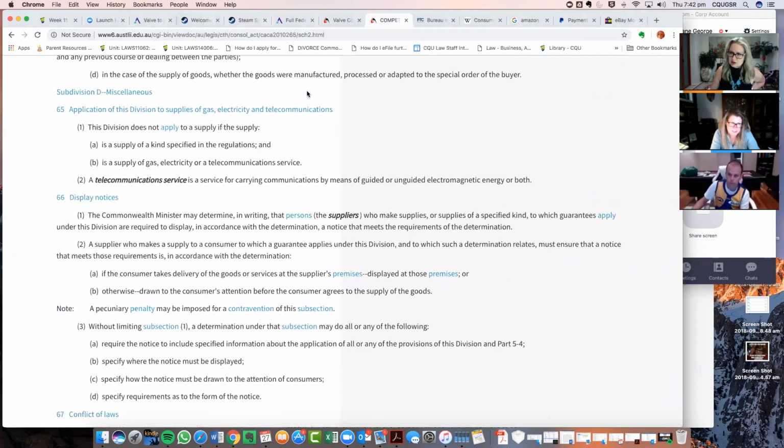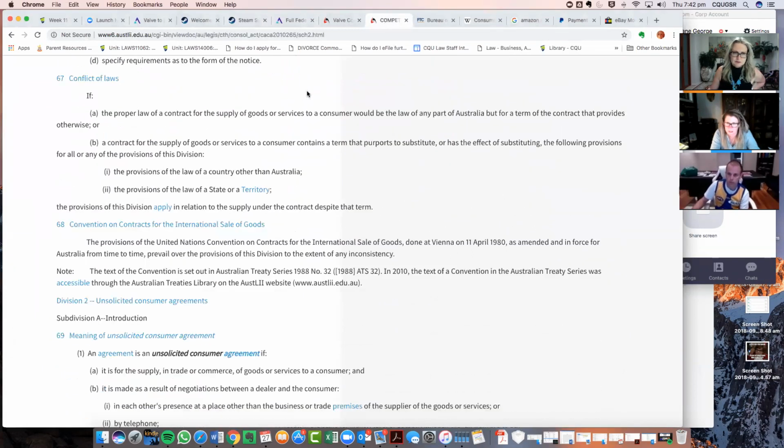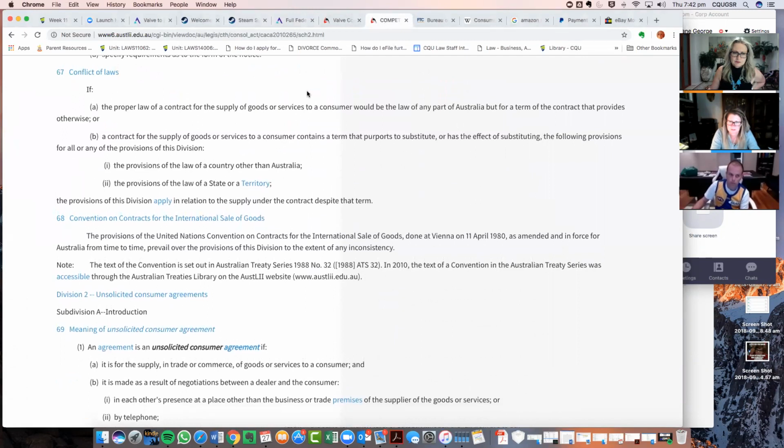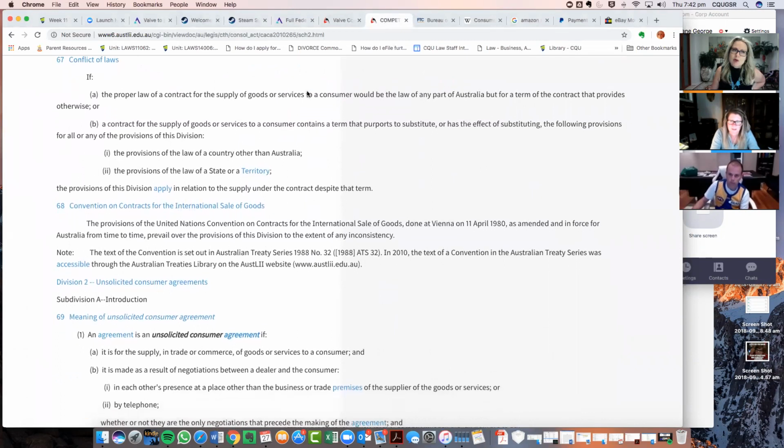Did S67 override that test? Section 67 will override it in terms of allowing the consumer guarantees to apply. So even though they set a jurisdiction, which was part of the first test, subjective, what the parties intended, it was quite clear they said US state jurisdiction, because we have S67, we were able to basically override the first test.